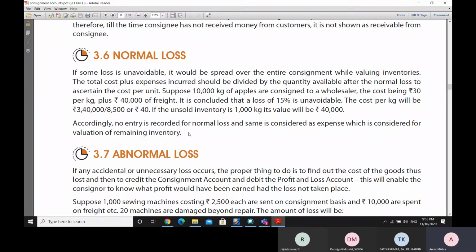Whatever normal loss is happening is considered for calculating the value of the remaining inventory, and no other entry is required because the loss is being taken into consideration while calculating the unsold inventory.